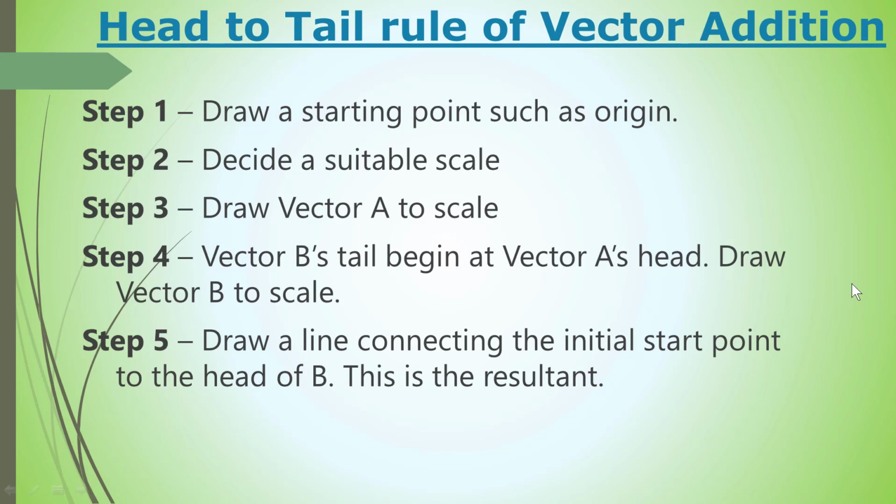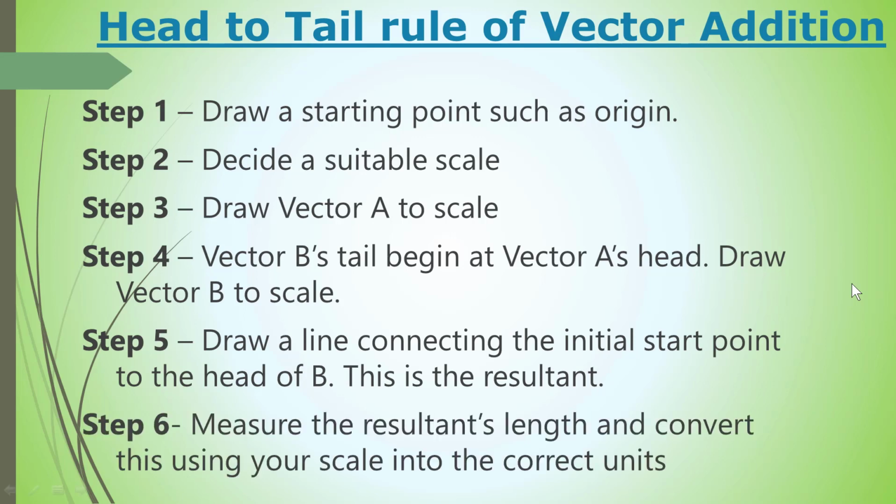And the last step, measure the resultant's length and convert it using your scale into the correct units. Like we converted newtons into centimeters, in the end we will convert centimeters back into newtons.